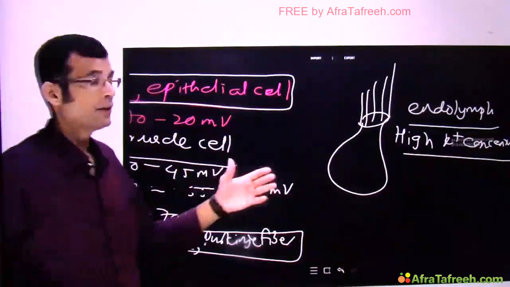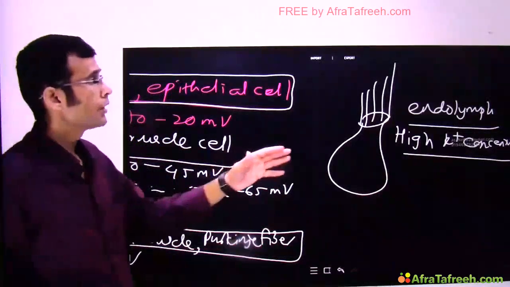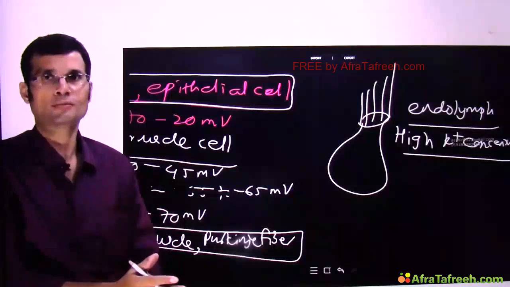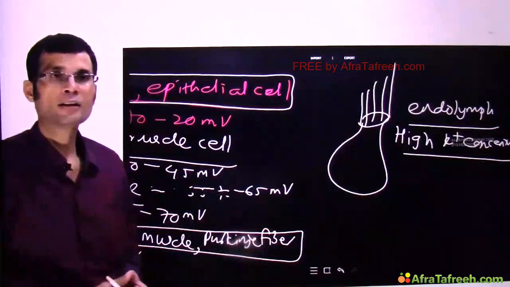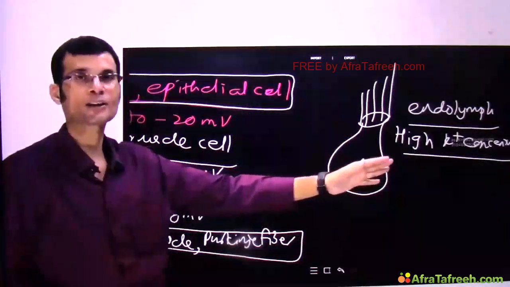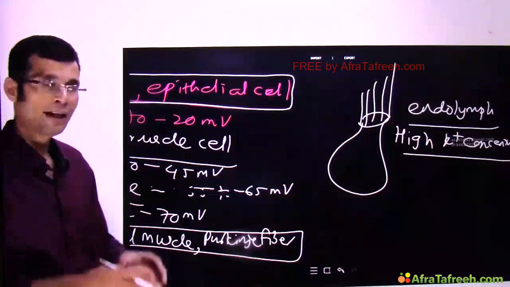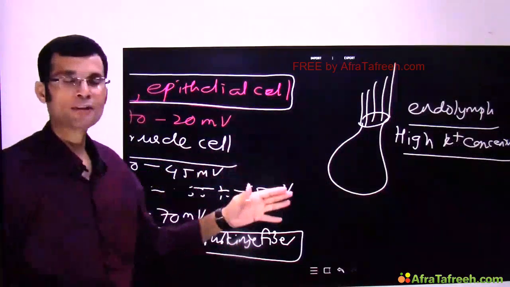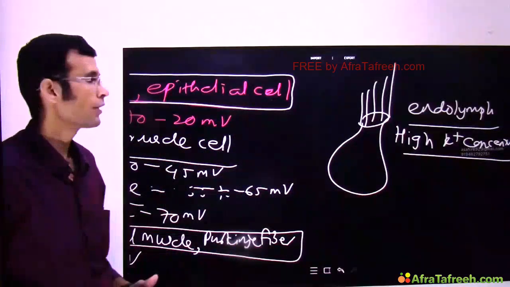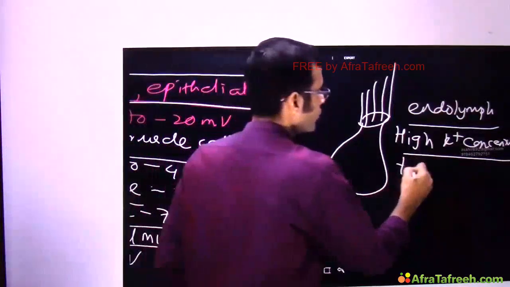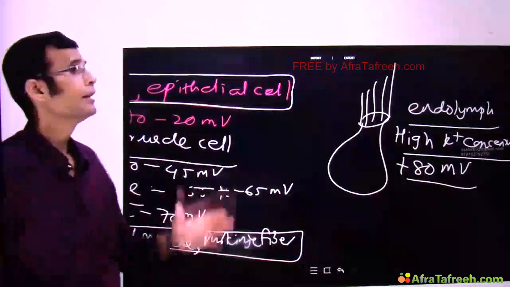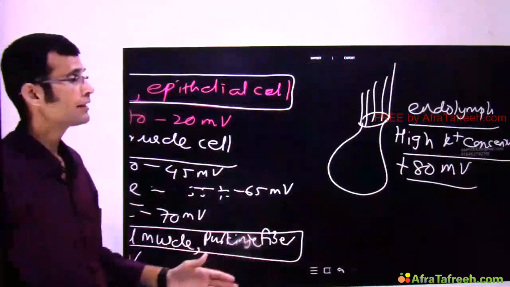Because of the excess potassium ions, its potential is not taken to be 0, but plus 80 millivolts.